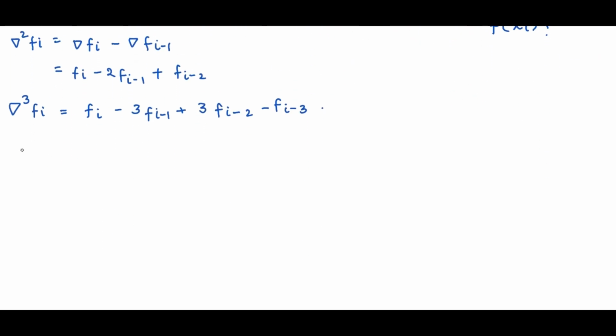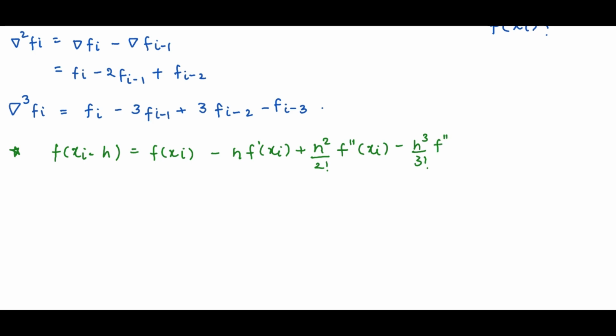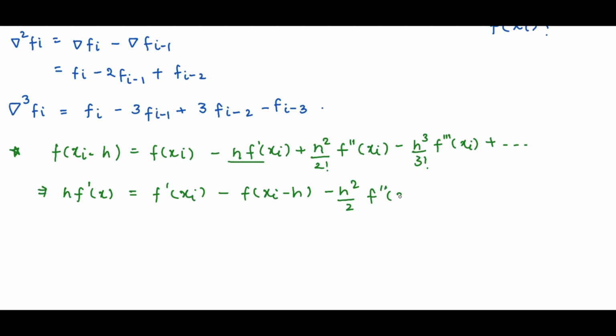Now let's derive the backward difference formula. We start with a Taylor expansion of f of xi minus h about xi. So we get f of xi minus h equals f of xi minus h times f dash xi plus h square by 2 factorial f double dash xi minus h cube by 3 factorial f triple dash xi and so on. After rearranging, we get h times f dash xi as f of xi minus f of xi minus h plus h square by 2 factorial f double dash xi minus h cube by 3 factorial f triple dash xi and so on.